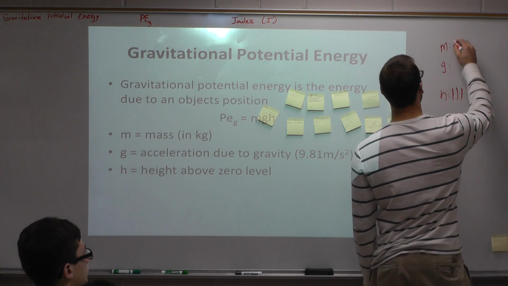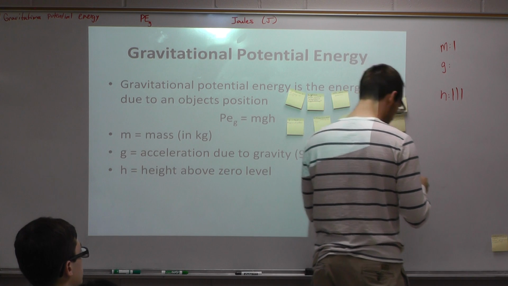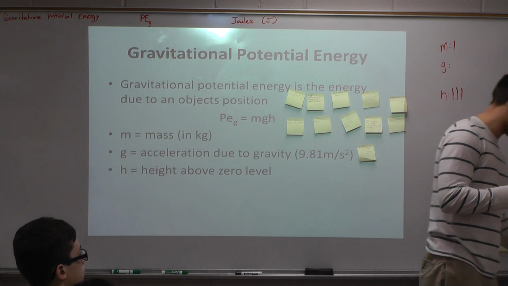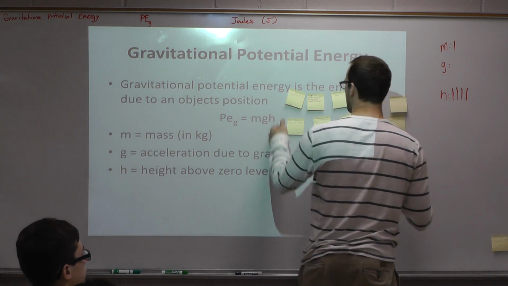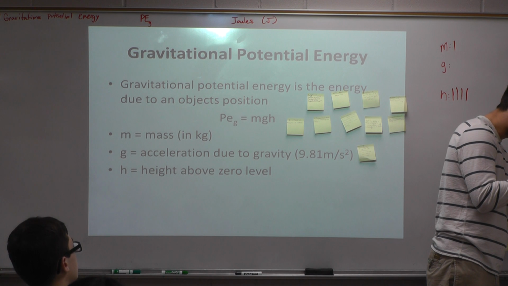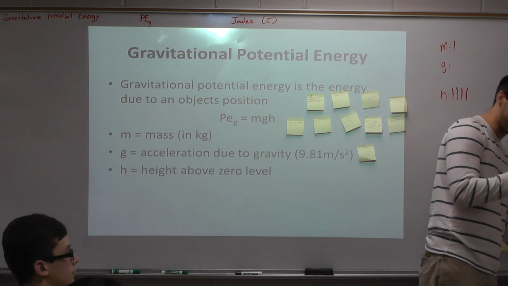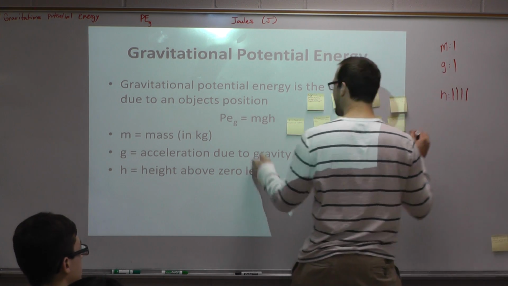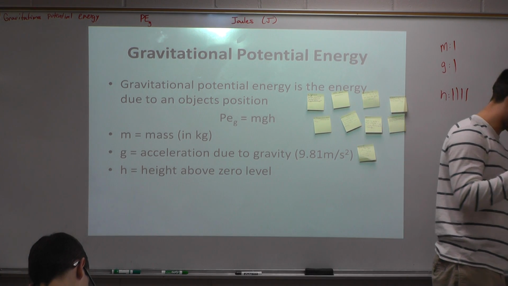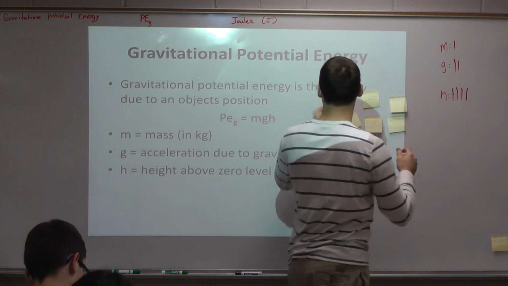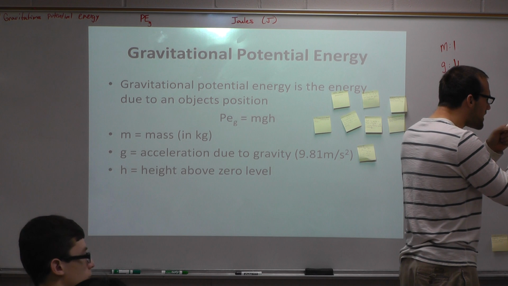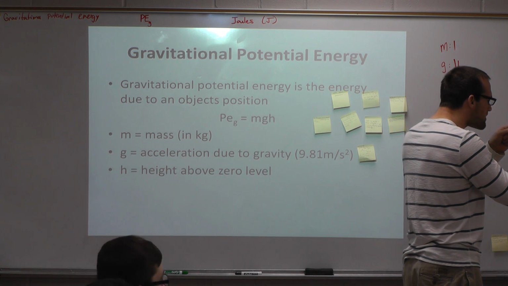Is that true? No. Height, because the higher it is, the more potential energy it has. We got G because it is for gravity. We got G, without it, the object would just hover. Height, because the further away your object is from the ground, sea level, the more potential energy it has.